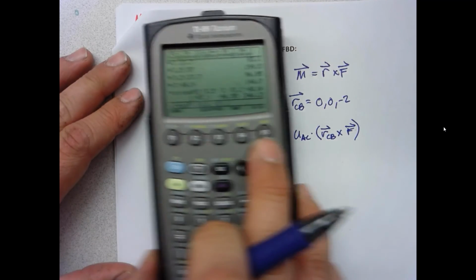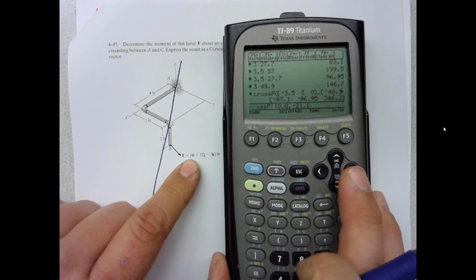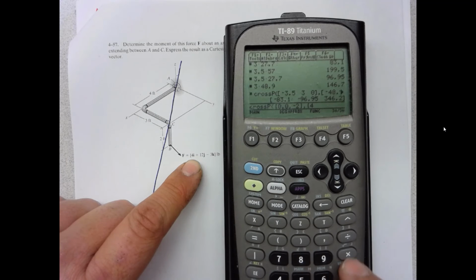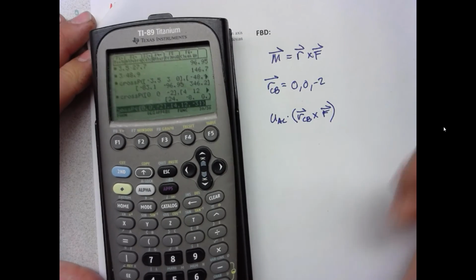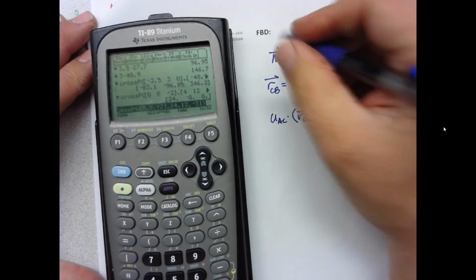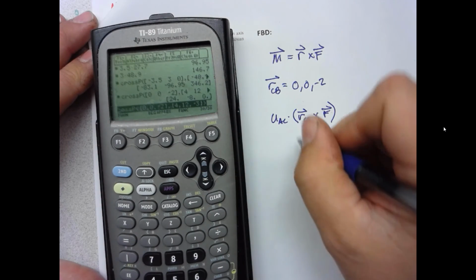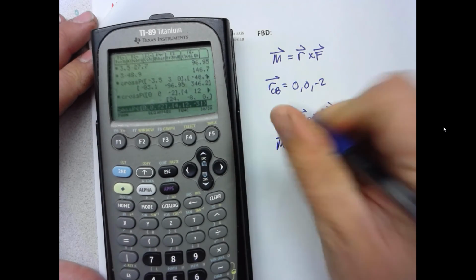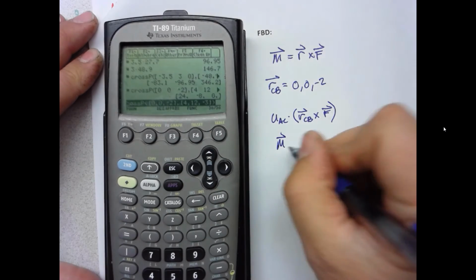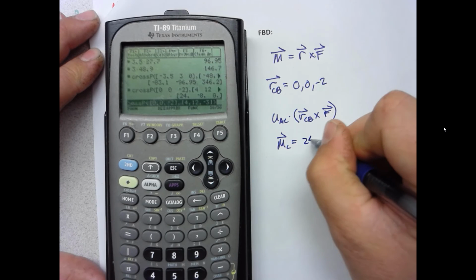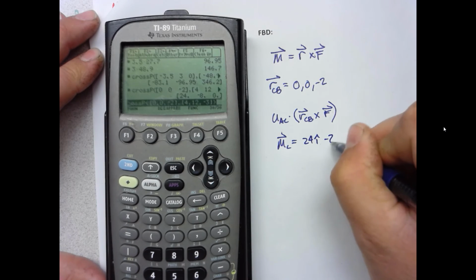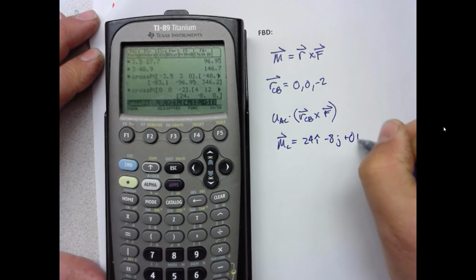The force vector we're given in the problem is 4, 12, negative 3. Close that square bracket, close the parentheses, and I get my moment. The moment about C is 24 i hat minus 8 j hat plus 0 k hat.